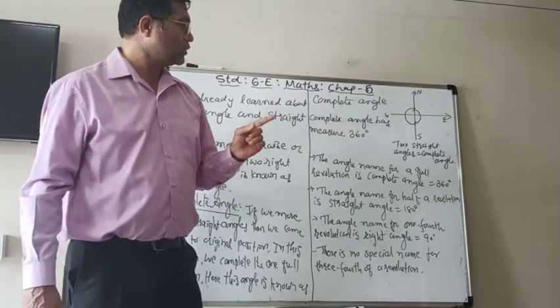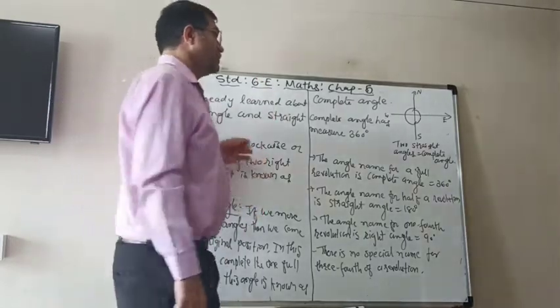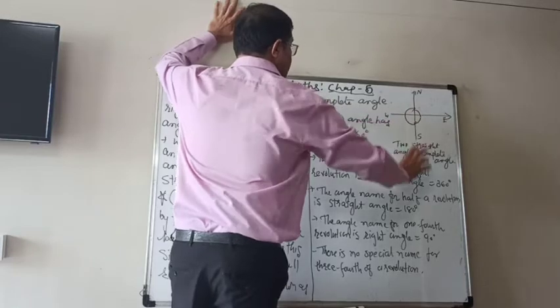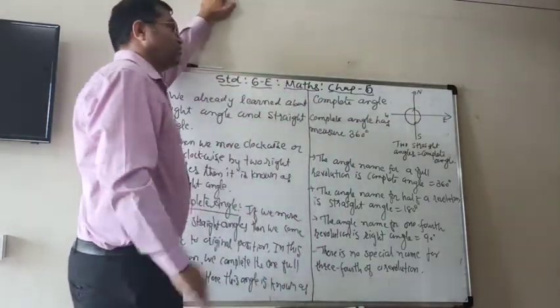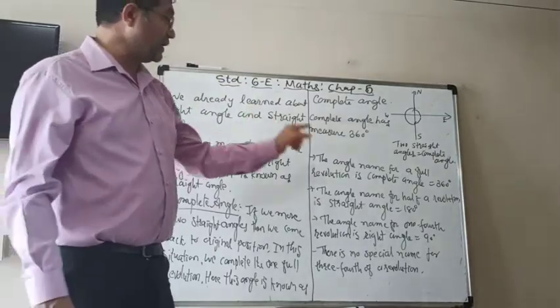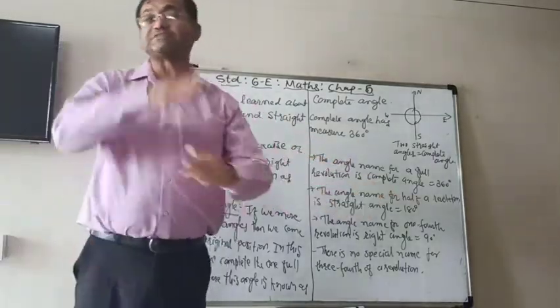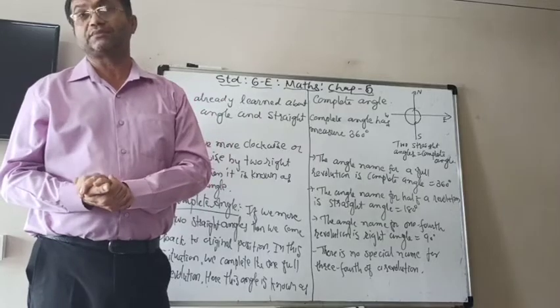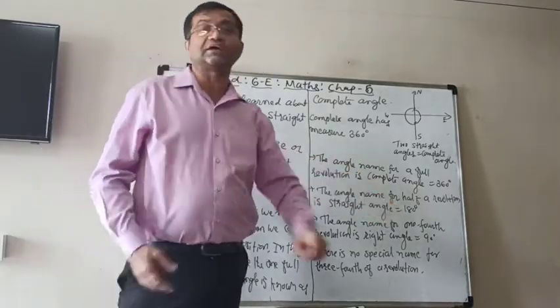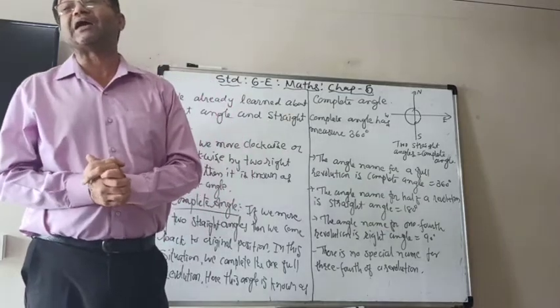But if you have only half a revolution, it means you start from north and face towards south, you have completed only a half revolution. The angle name of the half revolution is a straight angle, and the measure of that straight angle is 180 degrees.